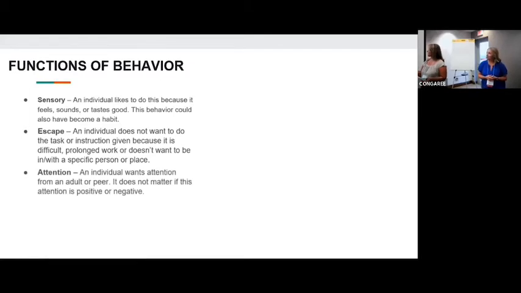So the third one is attention. An individual wants attention from an adult or a peer, and the really big thing that we want to push is that it doesn't matter if that attention is positive or negative. Some kids might be engaging in a problem behavior just to poke your nerves. Just because you're not smiling at them and telling them good job or giving them something, they like that maybe yelling.